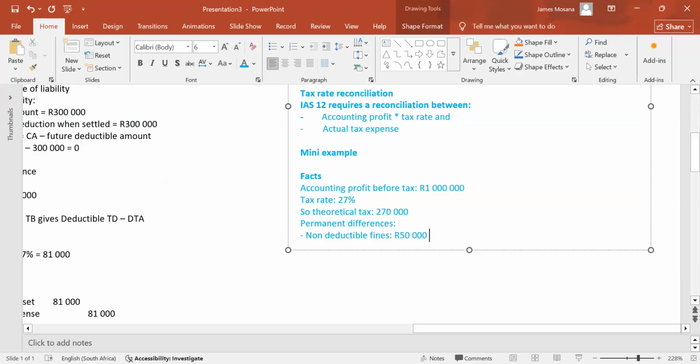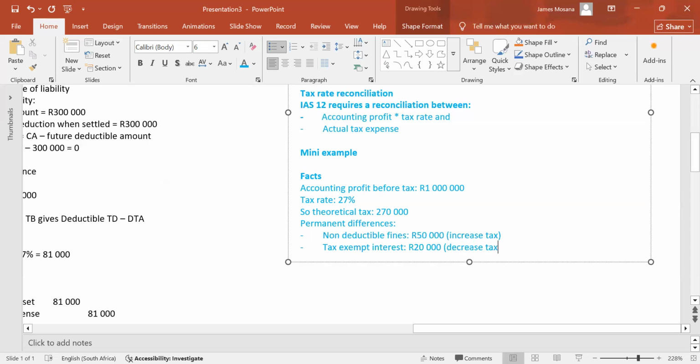And obviously now these are going to increase tax, right? And then we also have our tax exempt interest, which is sitting at 20,000. And obviously now this is going to decrease tax, right?